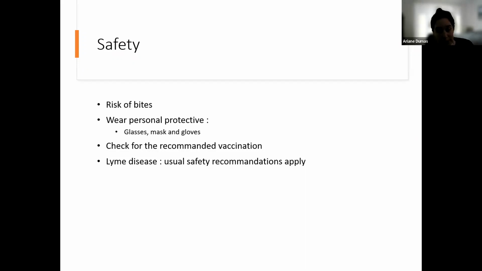It's also important to verify which vaccines will be required in your region, depending on the species you will be handling. And finally, to apply the regular prevention measures for tick-borne diseases if you are working in an endemic area.